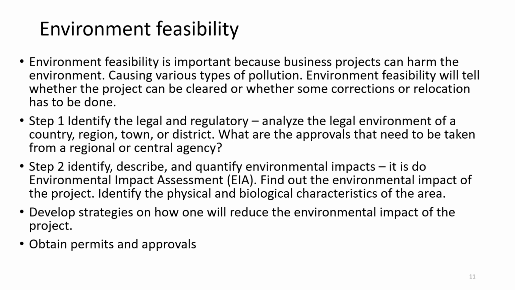They may pollute the air, they may pollute the water, they may pollute the soil. So all these things you will find out in EIA. So you will consider the area where you are setting up your plant, what are the physical characteristics of that area, what are the biological characteristics of that area.